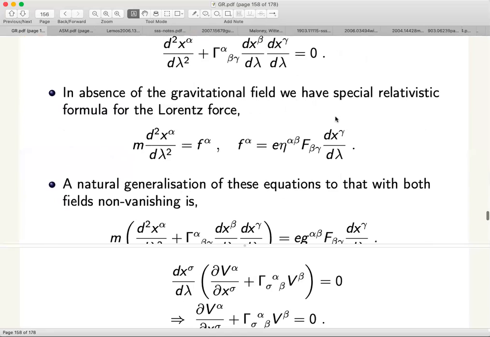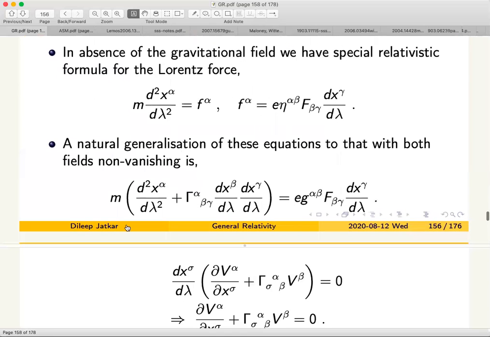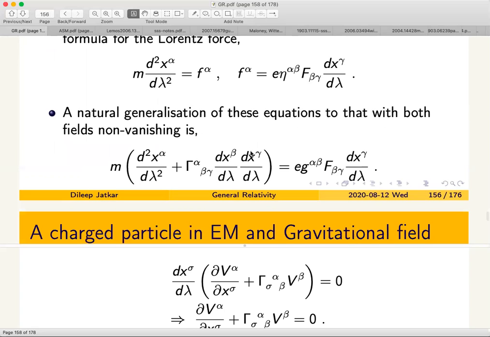Okay, and of course the natural guess would be that you replace the right hand side of the geodesic equation by the Lorentz force term. Now of course you need to do some modifications because you are writing this equation in a curved space, so you replace eta alpha beta, which is the situation when the gravitational field is not there, by g alpha beta. But barring that, you would naturally generalize this equation to this form.